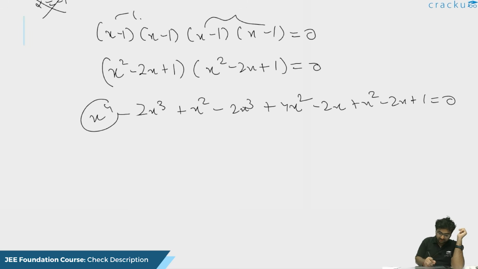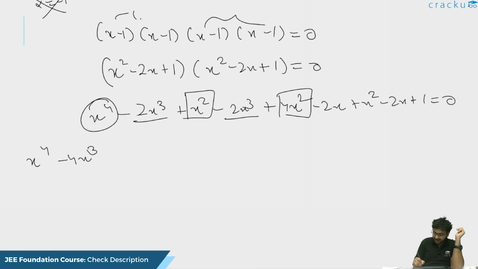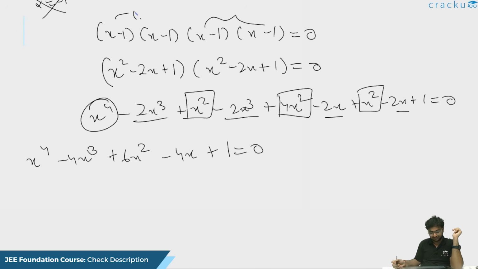Now let us see the coefficients. The coefficient of x cube is minus 2 minus 2, so minus 4x cube. For x square it is 1 plus 4 plus 1, so plus 6x square. And for x it is minus 2x minus 2x, so minus 4x plus 1 equal to 0.